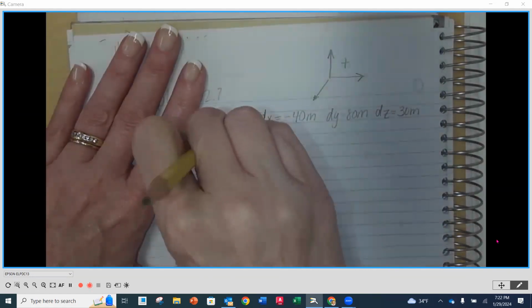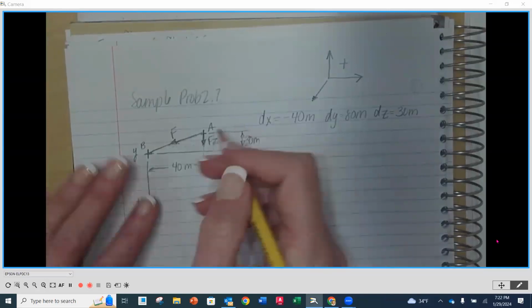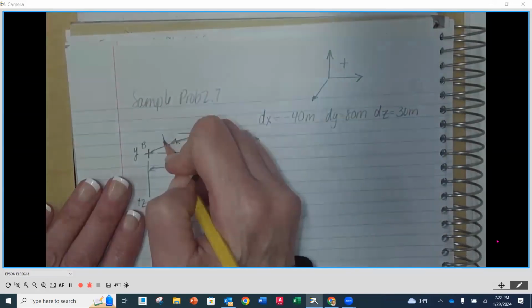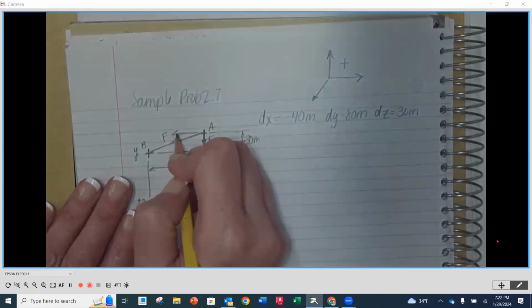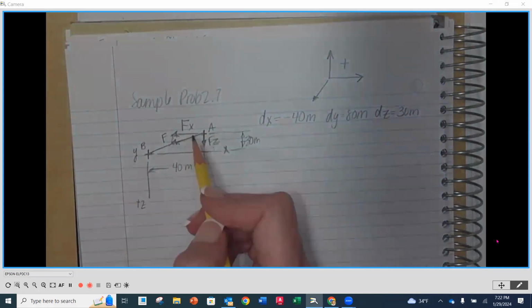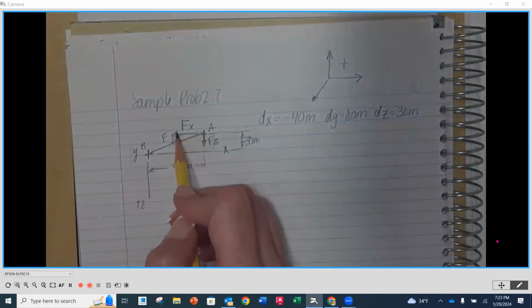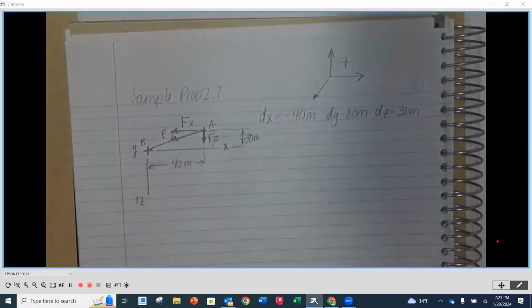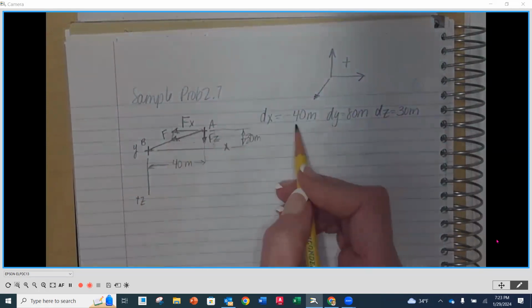Now we're going to be looking at the Z. I'm sorry, I did that wrong. See, this is why I hate this. This is my F. Here is my FX. I'm so sorry, I just screwed that up. My FX is going negative. It's going to the left. My Z is going down, which is positive. The left is negative.